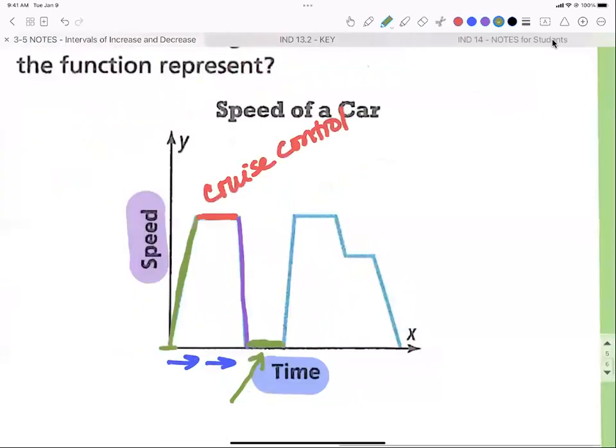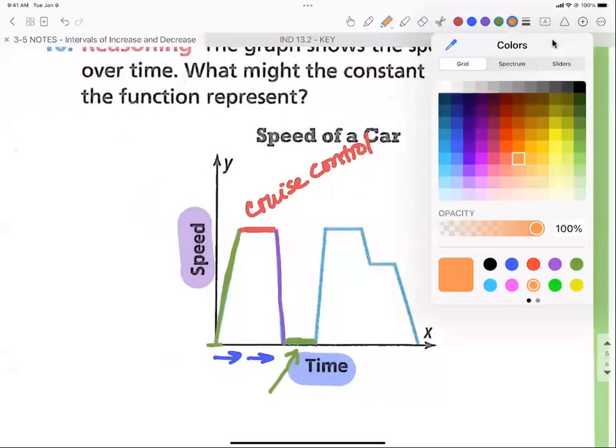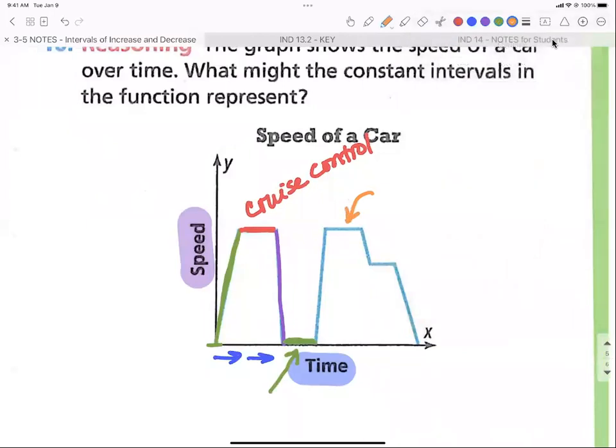So with this flat spot here, would this flat spot mean cruise control or stop? Are they cruising at 0 miles an hour? Think about the speed. If it helps you to fill it in, do it. This is 0 speed. Put arbitrary numbers in here. It doesn't matter what you put.